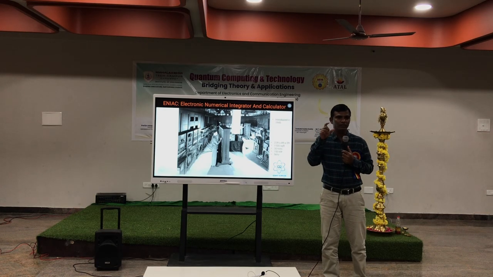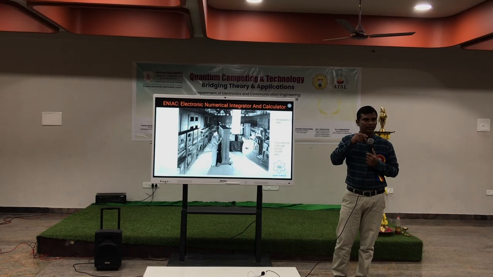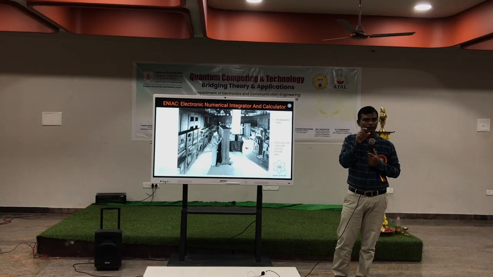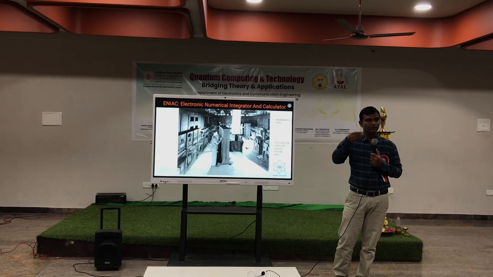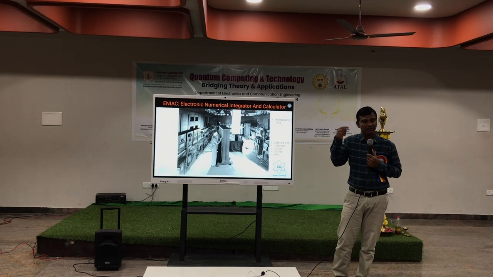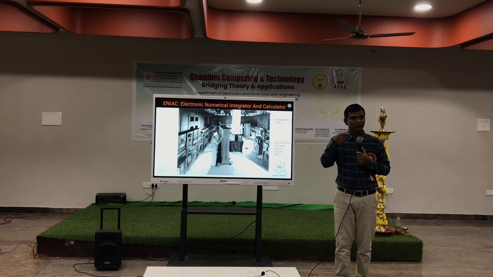That means your chip design will keep changing. The chip is made up of transistors, and more and more transistors will be incorporated in the chip.